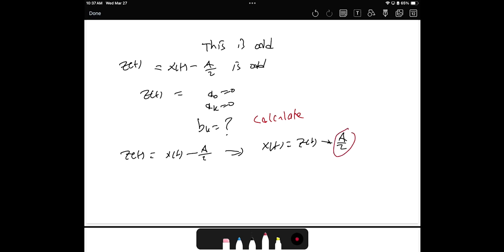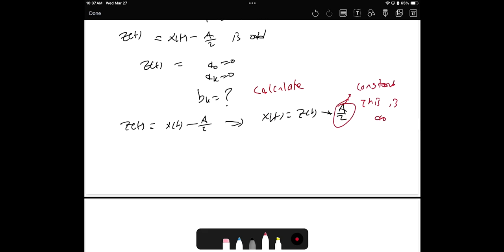This term is constant. What's the constant term? A naught. So as a result, in x of t, a naught will be a over 2, ak will be 0, and bk is the thing that you calculate.